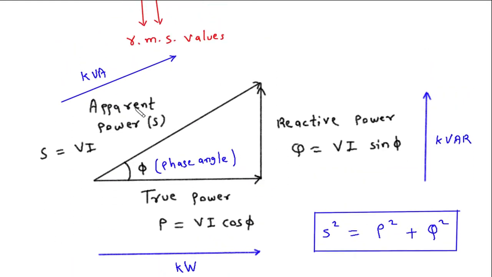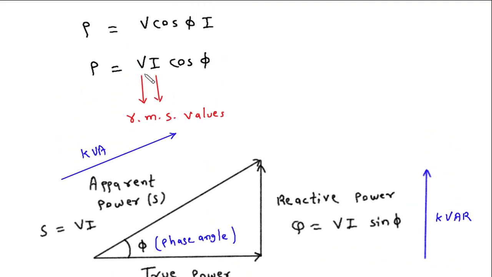Now we will see power triangle. So this is the apparent power. Apparent power is denoted by S. This is the phase angle phi and this is the reactive power. Reactive power is denoted by Q. True power is also called real power or active power, and it is denoted by P. So S is equal to V into I. P, or true power, is equal to VI cos phi.